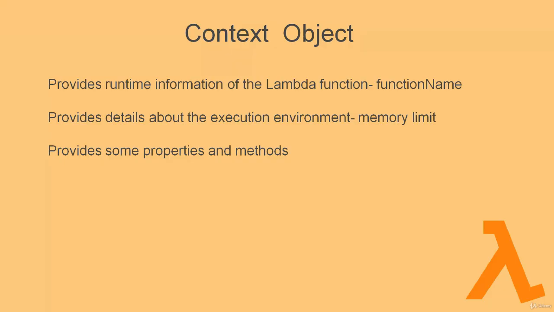It provides you detail about the execution environment as well, like memory limit and other constraints. It provides some properties and methods as well that can be used for coding Lambda function in either of the languages like Python, Ruby, Node, JavaScript, Java, and other languages.